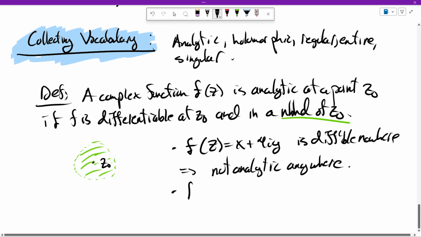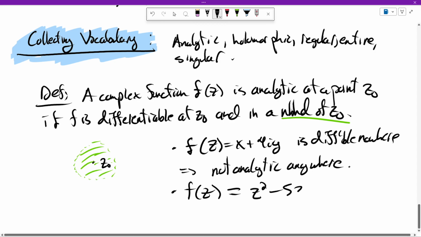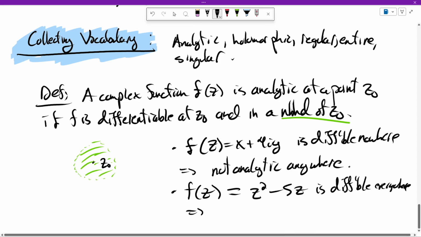By contrast, we computed the derivative of the function, I'm forgetting exactly, I think it was z squared minus 5z. We saw that this was differentiable everywhere. So in particular, it's analytic everywhere. There's no bad points.